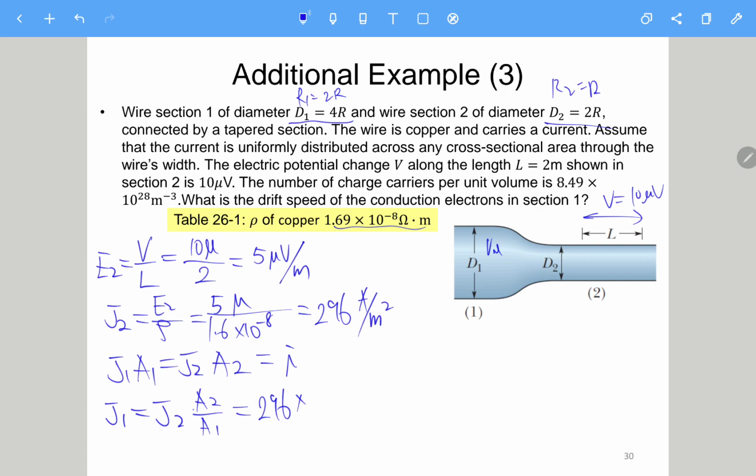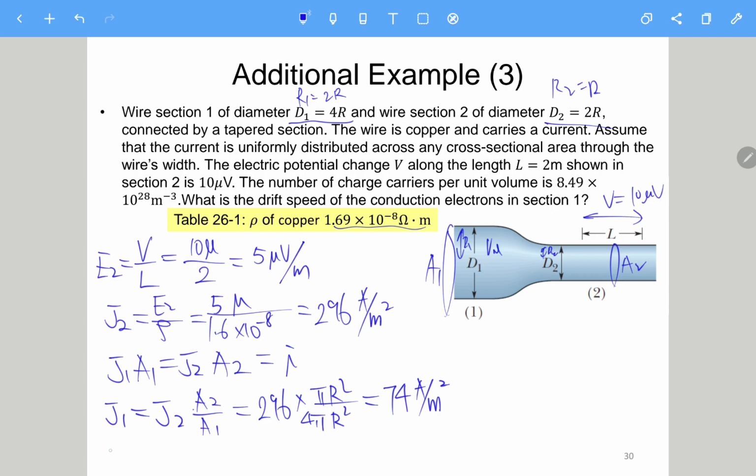So this is pi R squared, and then 4 pi R squared. So J1 will be 74 A per meter squared. Smaller than that one because the cross-section area is larger. The cross-section area A1 is larger, A2 is smaller.